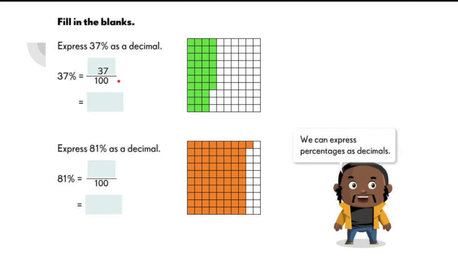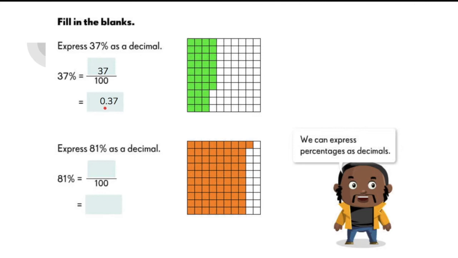And to change this into a decimal, we simply divide the numerator by the denominator. So 37 divided by 100 will give us 37 hundredths or 0.37. So 37% is equal to this decimal number.